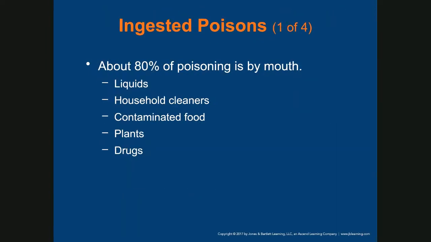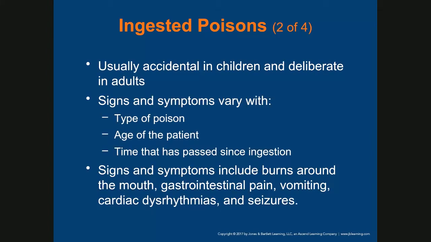Now, ingested poisons. About 80% of poisoning is by mouth. These include liquids, household cleaners, contaminated food, plants, drugs. Ingested poisons are usually accidental in children, but deliberate in adults.